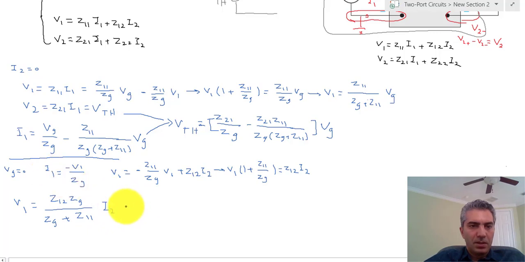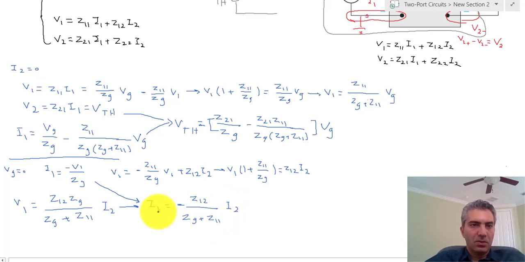Put it back here. From this and this I get I1 is equal to minus Z12 over (Zg plus Z11) I2. And with this I'm done.